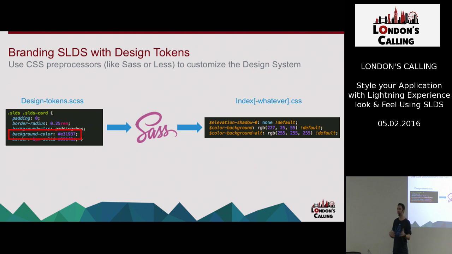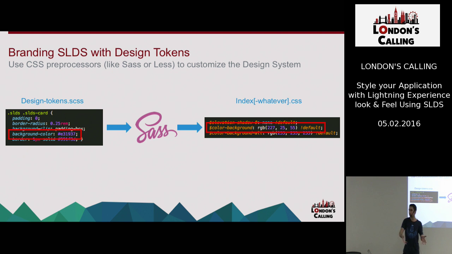You need to compile it with Sass. You take the token, you compile it, and it becomes CSS. Inside the design system, the color will be changed, but not only in one place. So if you want to change the background color, which is a sort of light blue, to, let's say, red, you do it not directly in the CSS of the design system, but in the token, which is the source code.